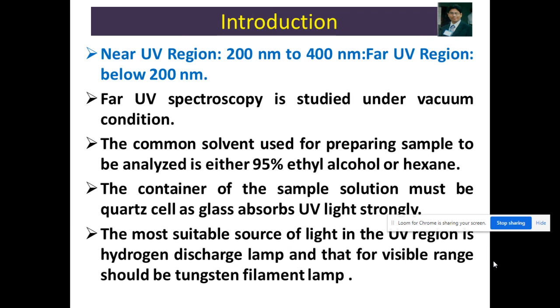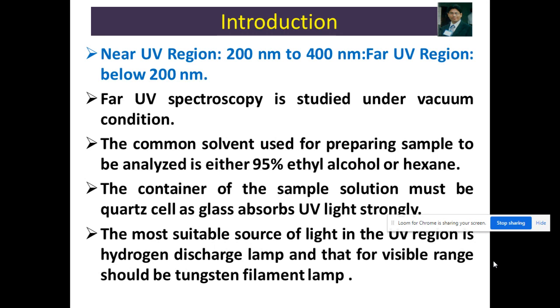Far UV spectroscopy is studied under vacuum condition. The far ultraviolet region, that is below 200 nanometer, is not much studied due to absorption by oxygen and nitrogen. Moreover, studies in this region require vacuum instruments.